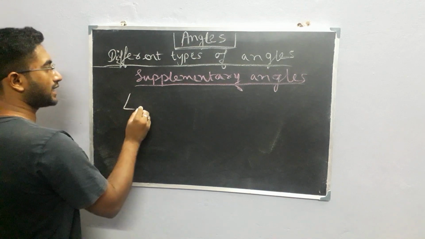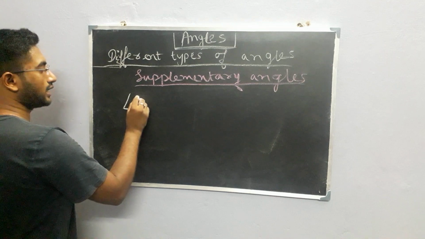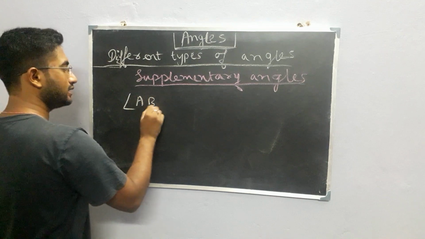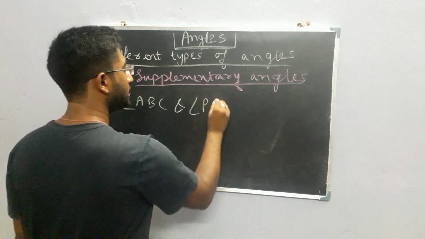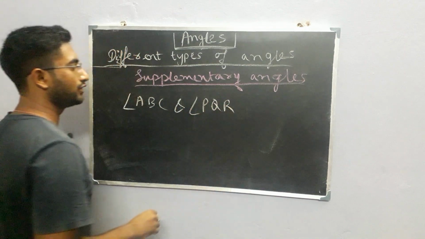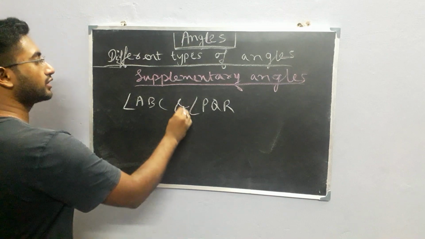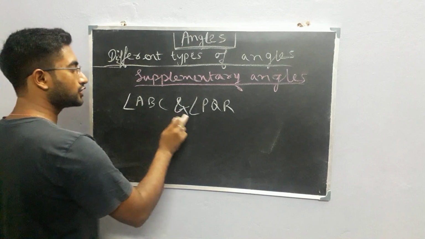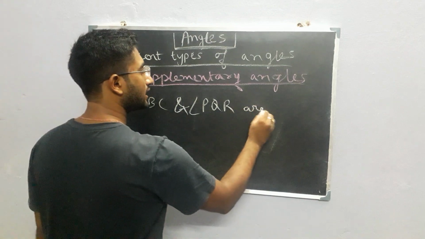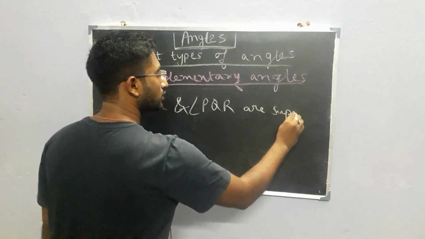For example, the angles given to us are angle ABC and angle PQR. What is the definite conclusion that I can derive from this? These two angles are supplement to each other.